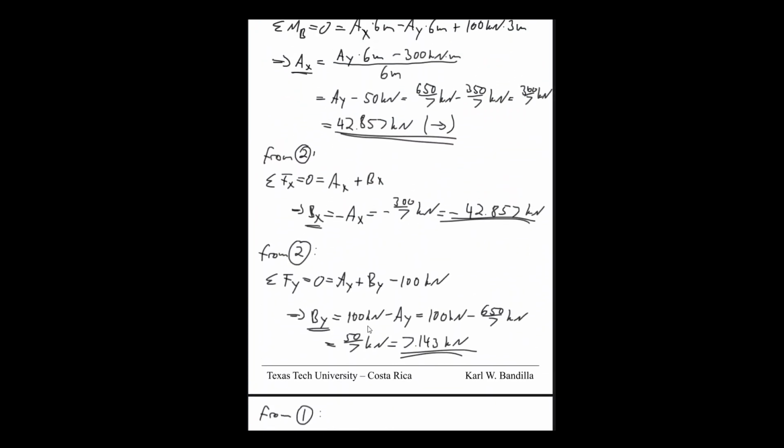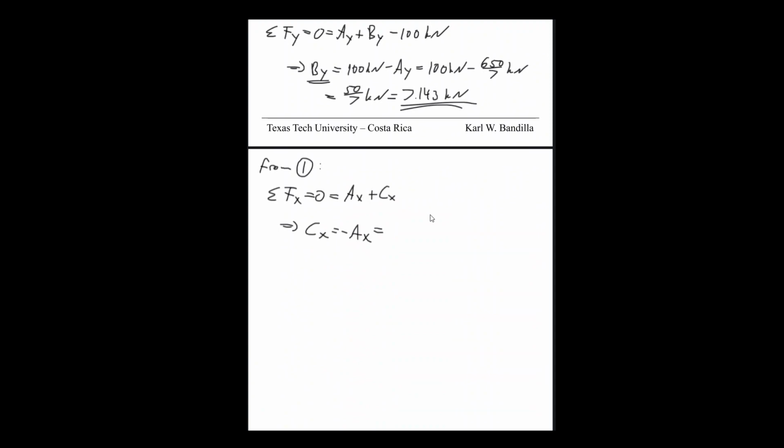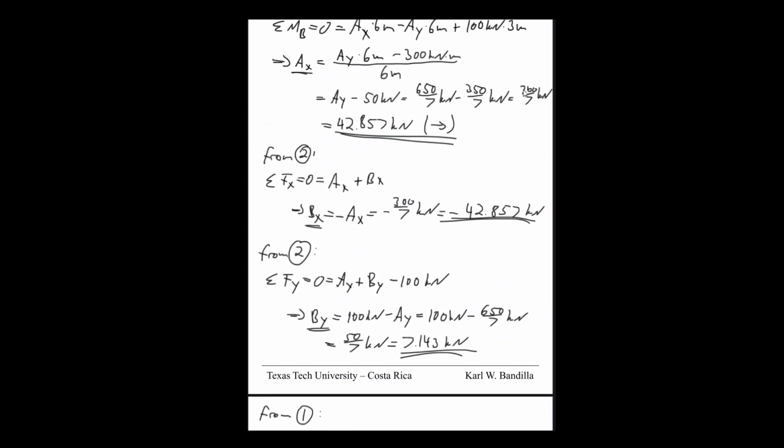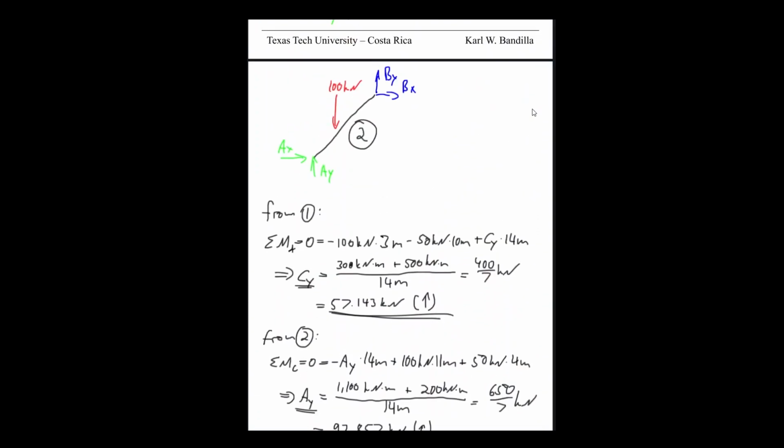Ax was 300 over 7, so it'll be minus 300 over 7 kilonewton, which is equal to minus 42.857 kilonewton. That means it's going to the left. And with that, we have all we are trying to solve for.